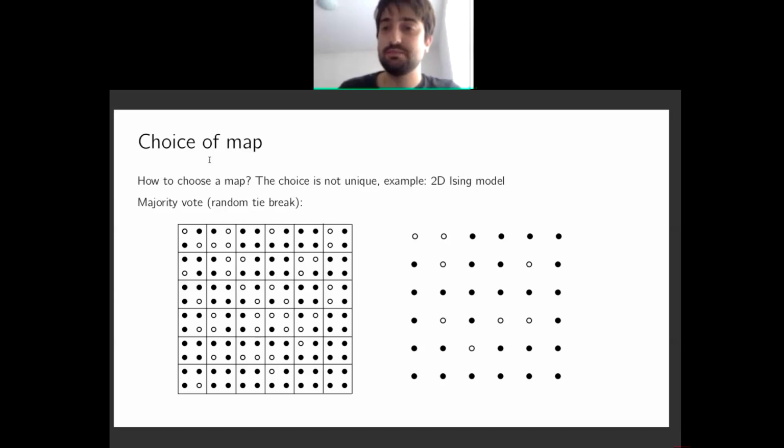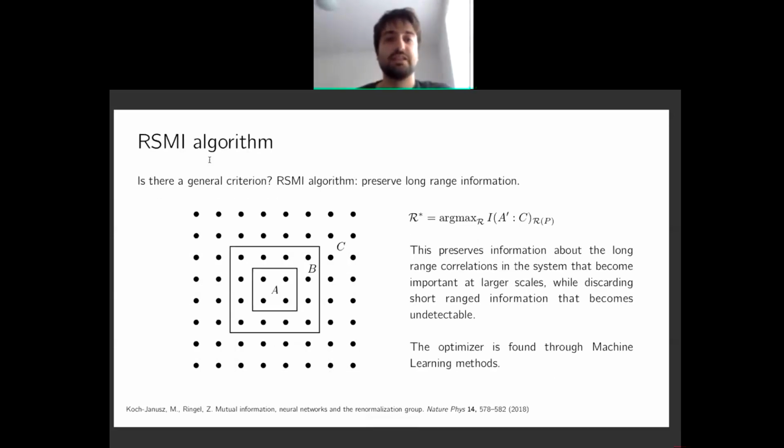For example, for the 2D Ising model in particular, you could come up with justifications such that majority vote better preserves the magnetization. But for more complicated models, it shouldn't be so clear, right? And so you see where I'm getting at. We could ask the question: is there a general criterion to choose an optimal, in some sense of optimal, renormalization map given some model, the renormalization map that should give you the best results?